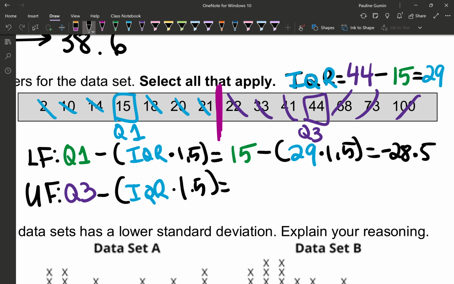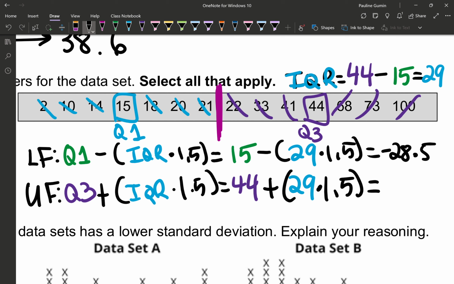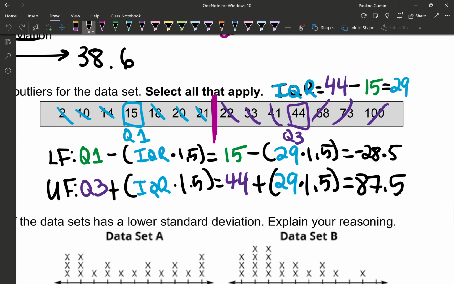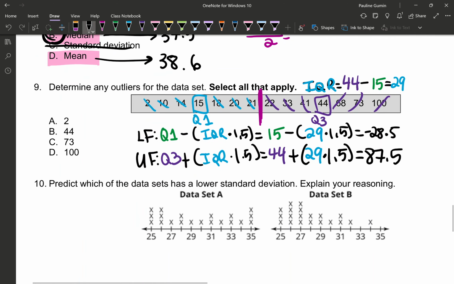No. Okay. For upper fence, I got 44 plus 29 times 1.5. When I put this into my calculator, I got 87.5. Do we have anything on our list bigger than 87.5? We sure do. It's 100.